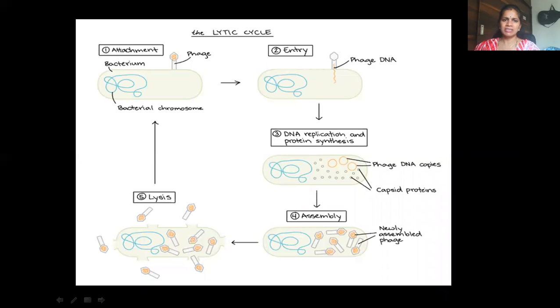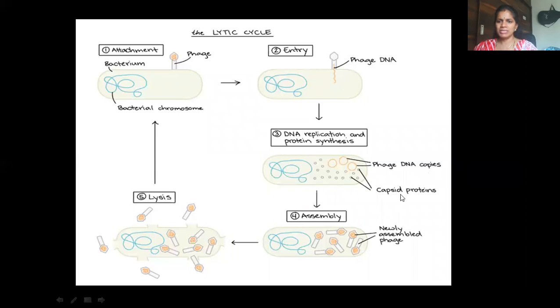Here you can see the diagrammatic representation of the lytic cycle. Step 1, attachment of the bacteriophage. They inject their DNA, right? And this is the second step, entry. And the third step, DNA replication and protein synthesis, where all the accessory materials will be synthesized within the host cell.